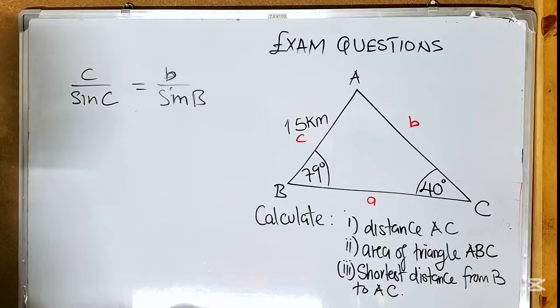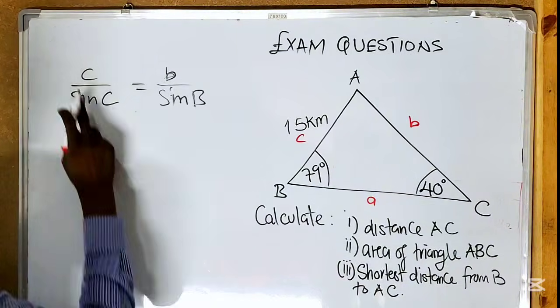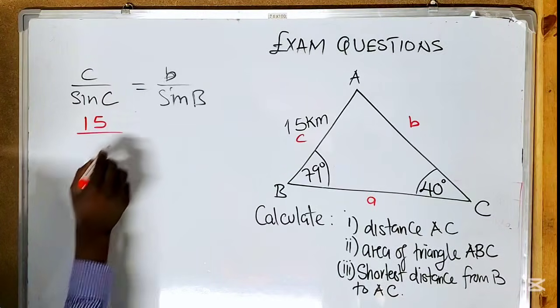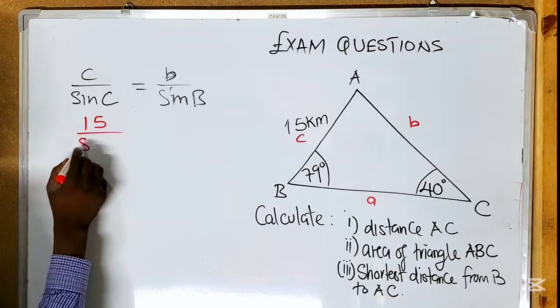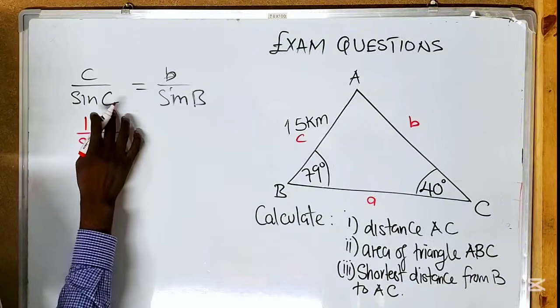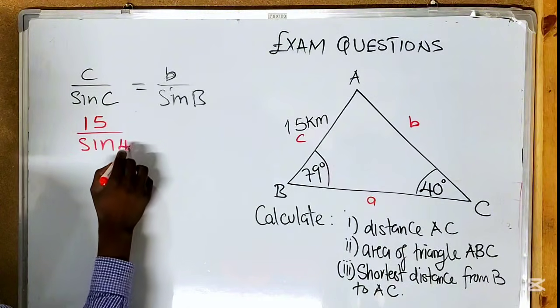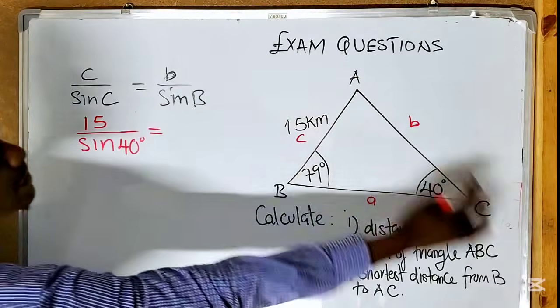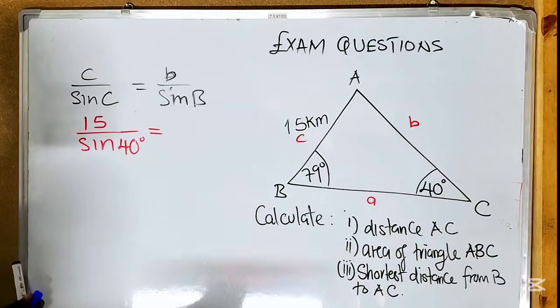Now, let's substitute. What is c? c is 15. Sine C, C is 40 degrees. What is b? b is AC, the distance we have to calculate.